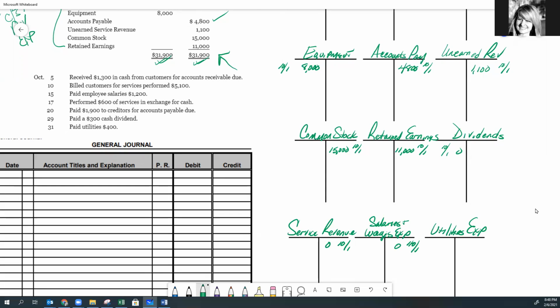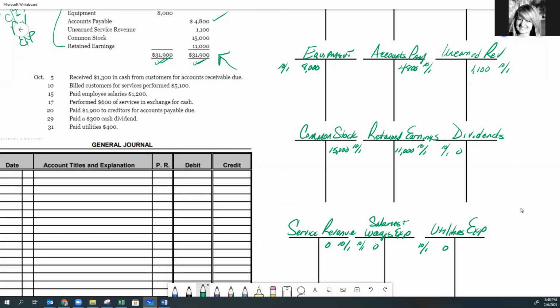Because we are, oh, you know what? Notice this, look at this. I put this on the credit side. The normal balance of an expense is a debit, so I'm going to put it on the debit side. Even though it's 0, it doesn't really matter, but I still think it makes sense to put it on its normal balance side. And we have no utilities expense as of 10-1, so I'm going to put a 0 on the debit side.